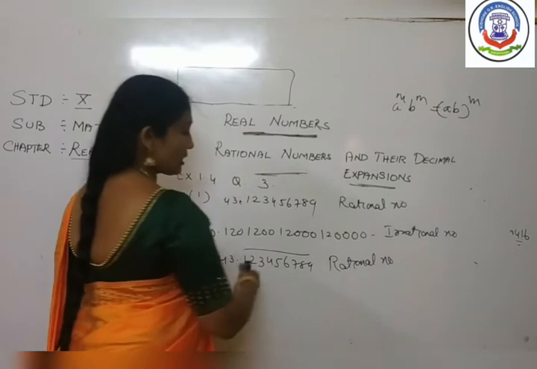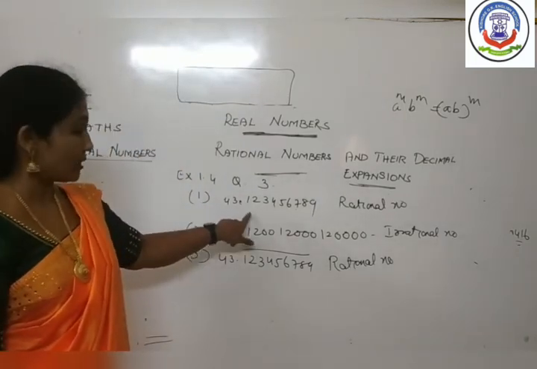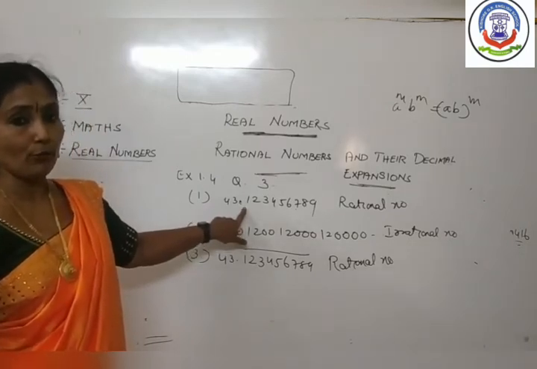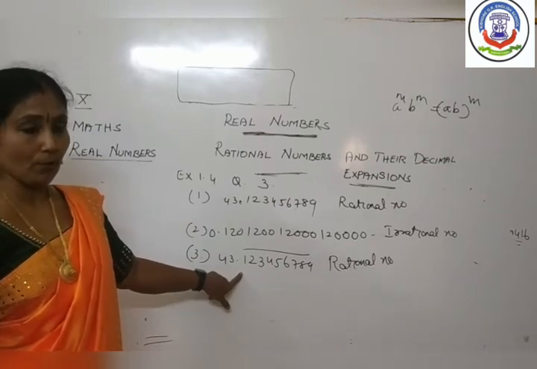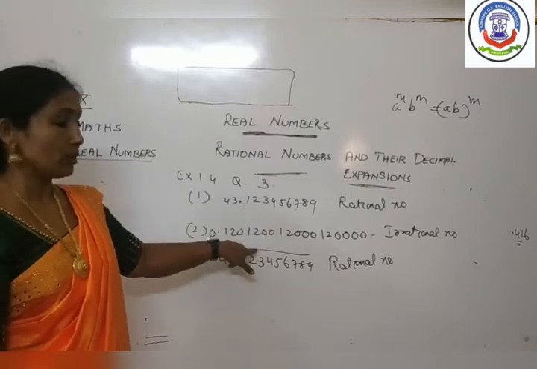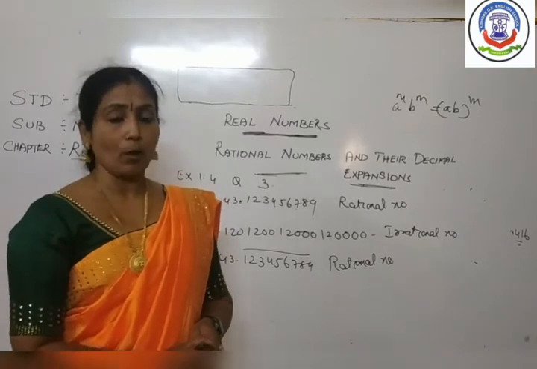And one more question is given with that. What can you say about p and q in these cases? Here you can say that q is in the form 2 raised to m into 5 raised to n. Here also q is in the form 2 raised to m into 5 raised to n. In this case, it will not be like that. So now you might have understood this topic clearly.